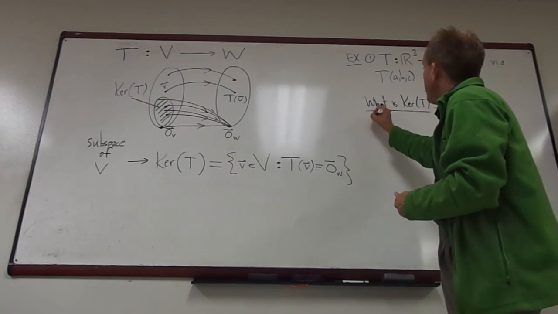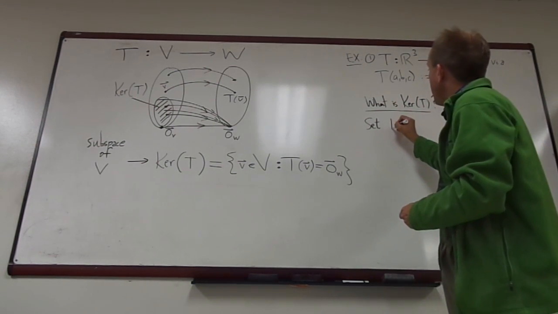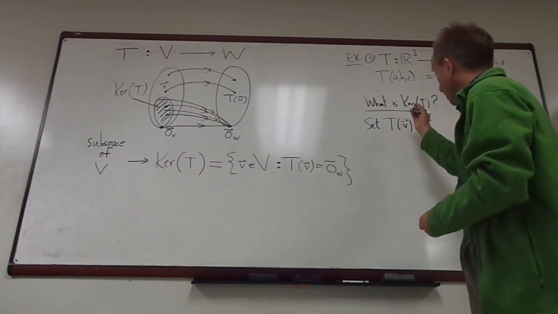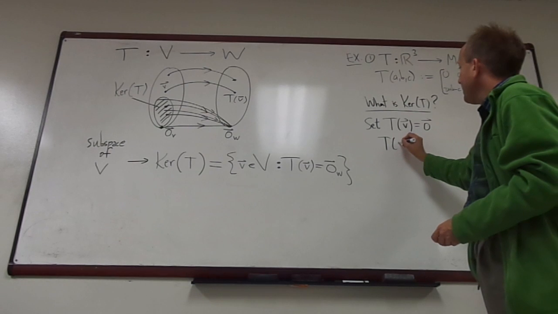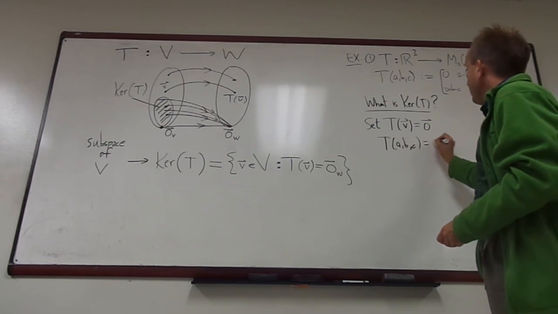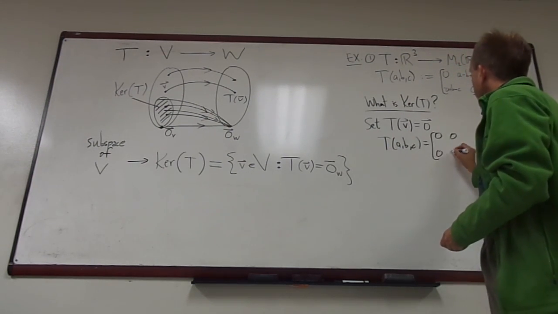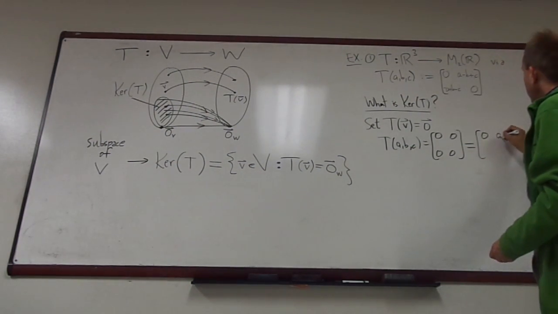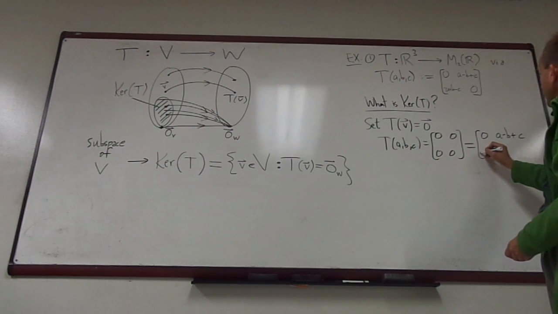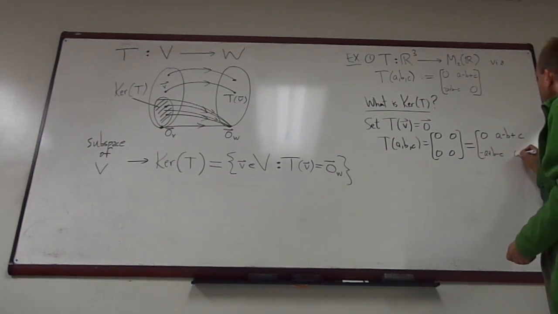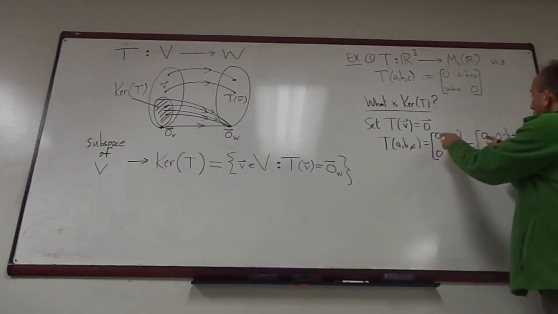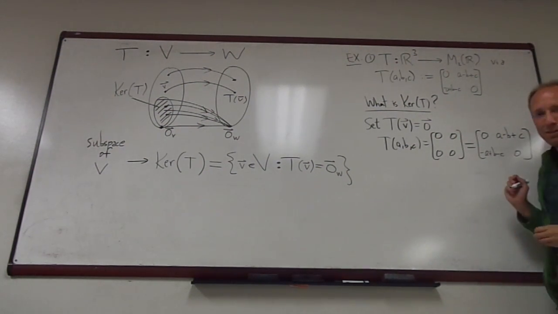So in general you set T of v equal to 0. In this case that means you set T of (a, b, c) equal to the zero matrix. This is the formula right here for T of (a, b, c), so I can just put that in here. So you actually create an equation. All 4 entries of this matrix have to be 0.